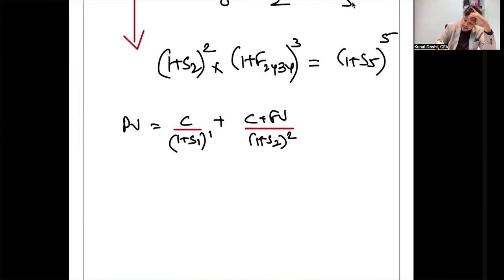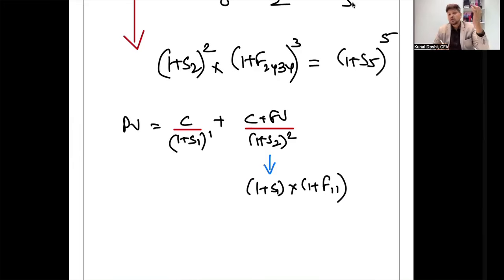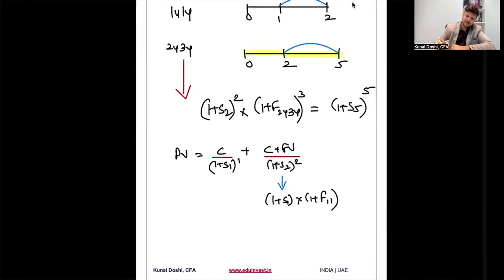Or instead of spot rate, I can also use the forward: 1 plus S1 into 1 plus forward of 1 year after 1 year, correct? So either you can find present value using spot rate or forward rate. Should the answer be different? No. Only rounding off issue is there. In exam, be ready to find the price of the bond using spot or forward.